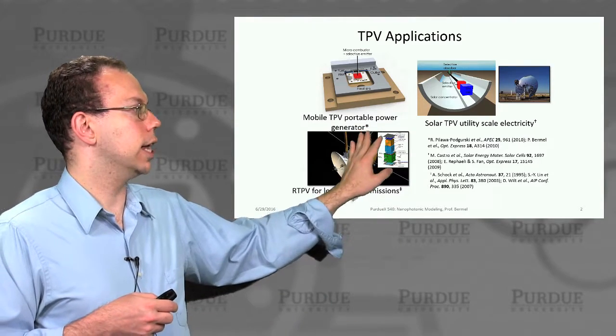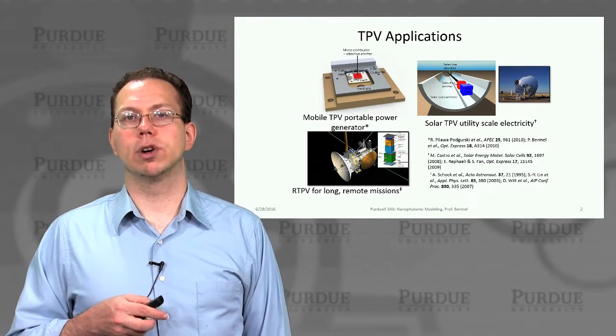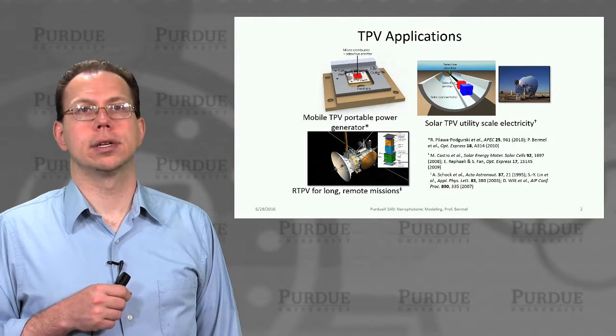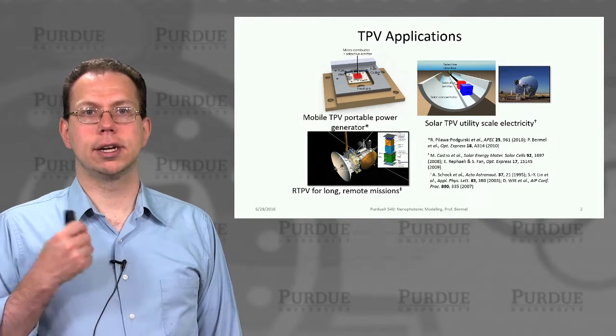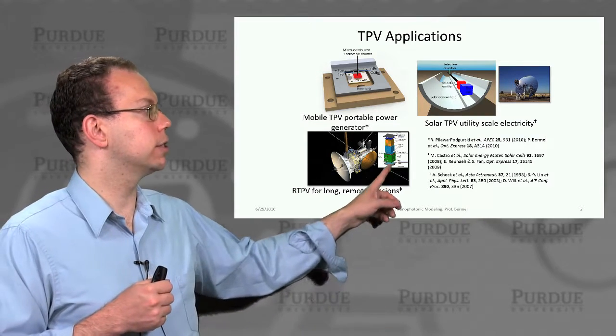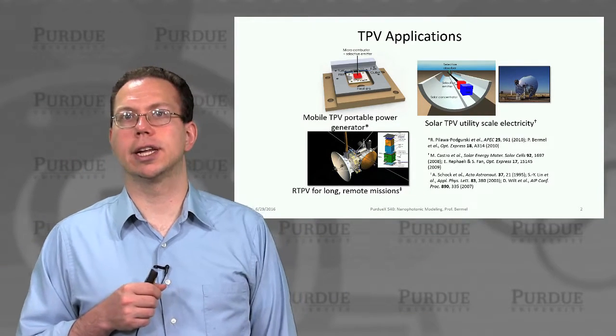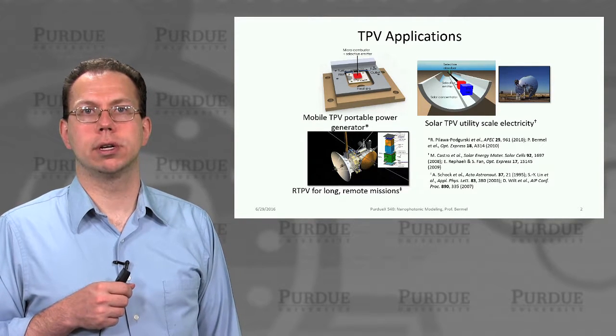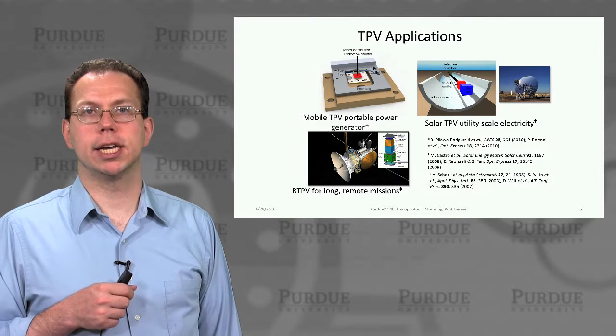And then in the third case, actually, this could be used for remote missions. So say you're sending a probe to Pluto, like the New Horizons mission, then they can't really rely on solar panels because it's too far away from the sun. There's not enough power. So instead, they need some sort of portable thermal generator, which is supplied by a naturally decaying radioisotope.